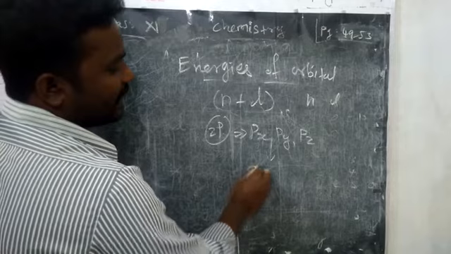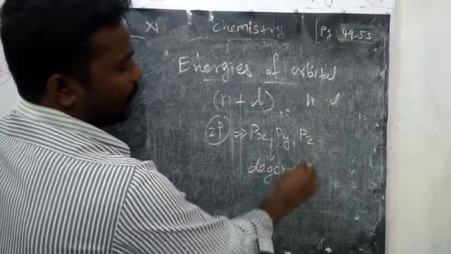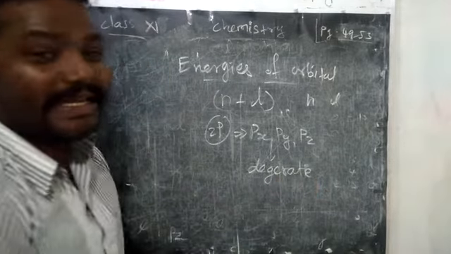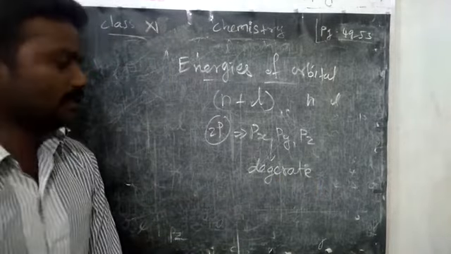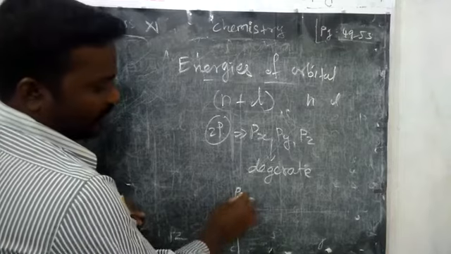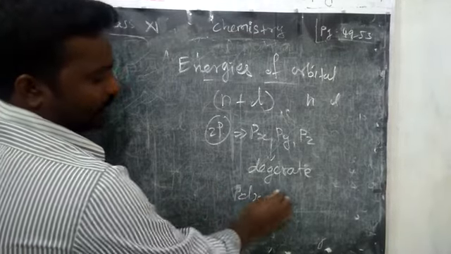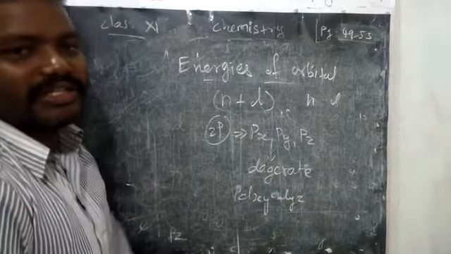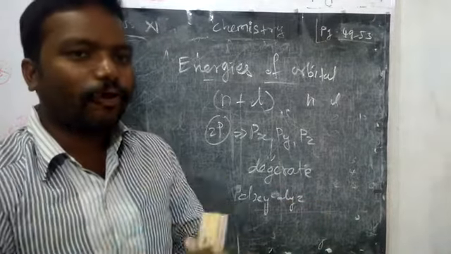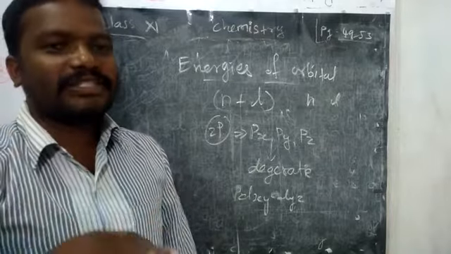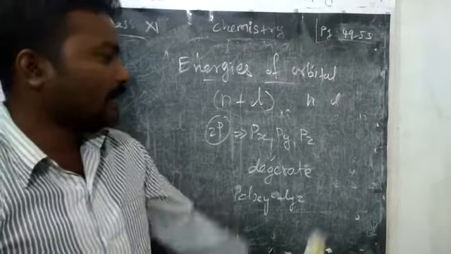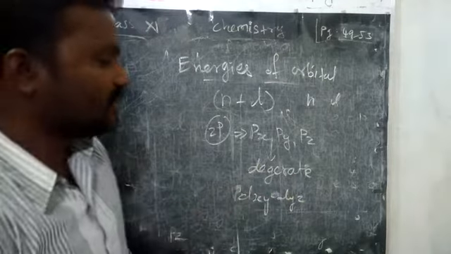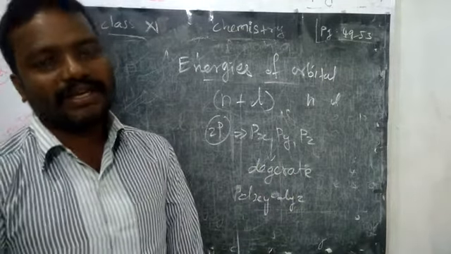They are called degenerate orbitals. For d, how do you write? xy, yz, and so on. All are degenerate orbitals. So 3d, 4d, that number only will change the energy level, but the same orbital with different orientations having the same energy level is called degenerate orbitals.